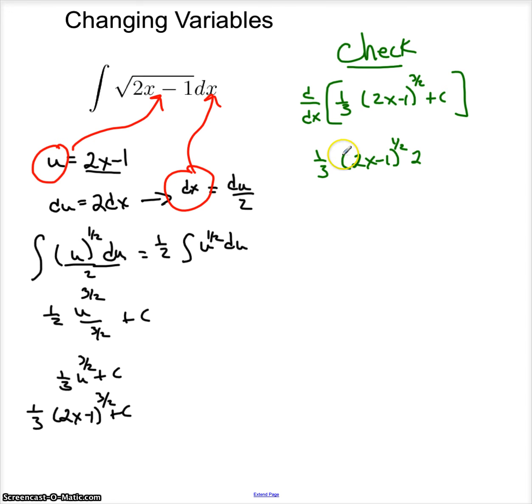I forgot to bring my power down, didn't I? 3/2, life happens, and then the derivative of c is 0. So what am I left with? My 3's cancel, my 2's cancel. I'm left with 2x minus 1 to the 1/2, which indeed is the square root of 2x minus 1. All right.